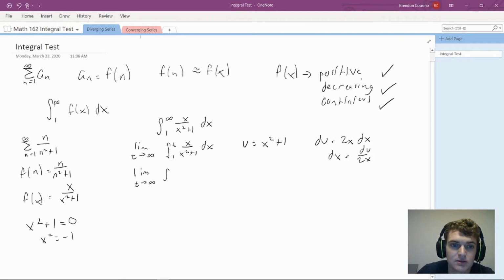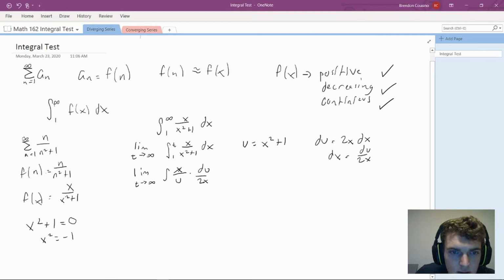Otherwise, you have to substitute your bounds into your u equation and then solve with u bounds. So we're going to end up with x over u, this was our substituted piece, and then dx we solved for over here, which is du over 2x.